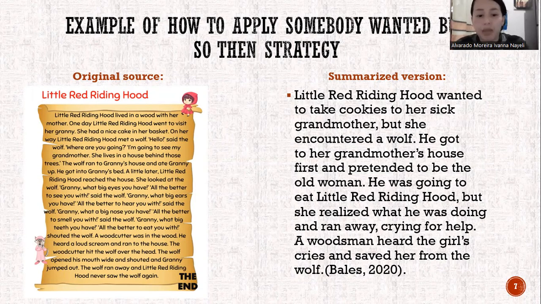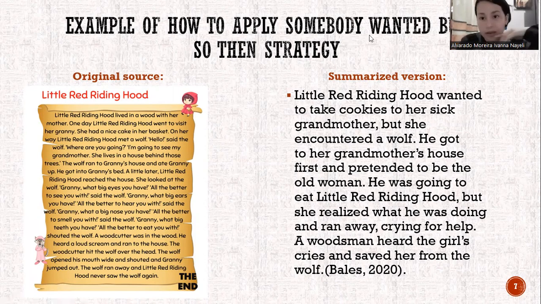This strategy uses 5 words, okay? Each word represents a keyword or a key question related to the story's essential elements, okay? The word somebody means who is the story about?